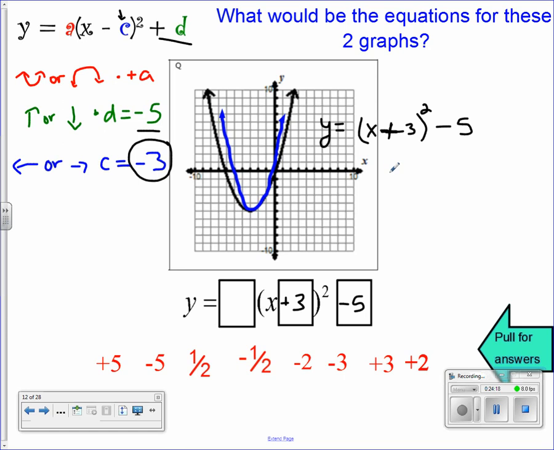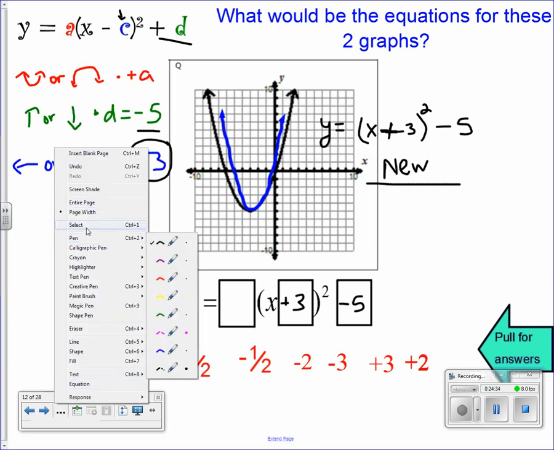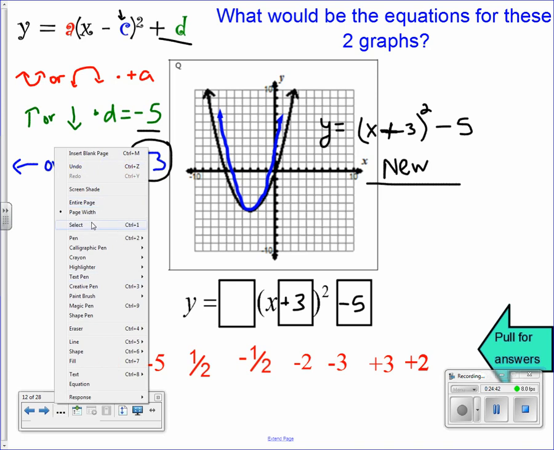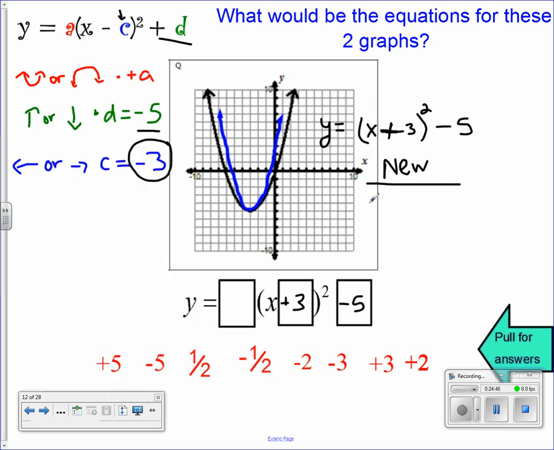So let's summarize the new information to see if we can figure out whether a is going to be a number greater than 1 or a fraction. If I compare the new parabola to my blue parent function, it looks like the parabola got wider.